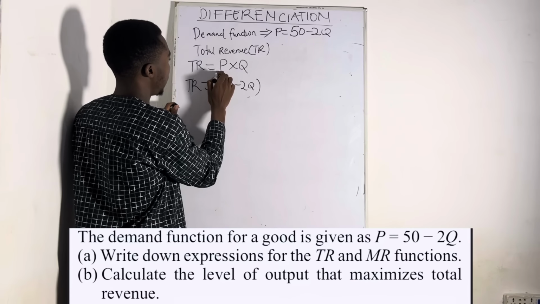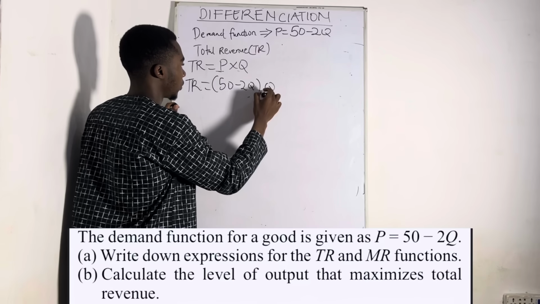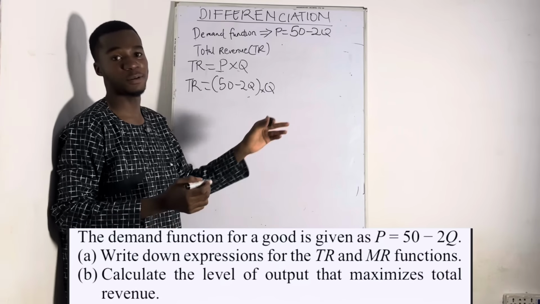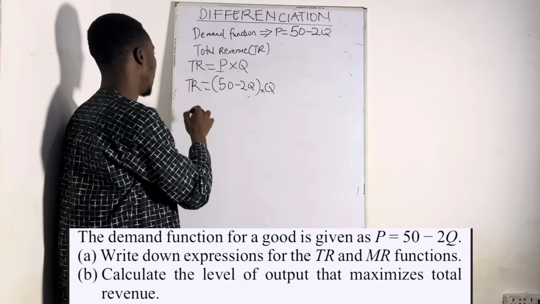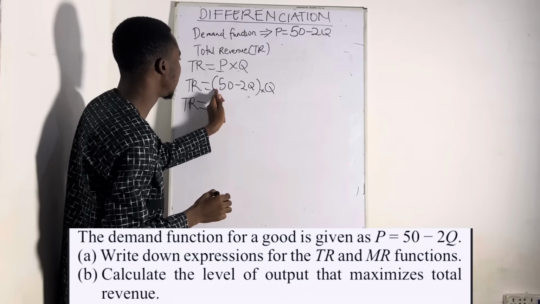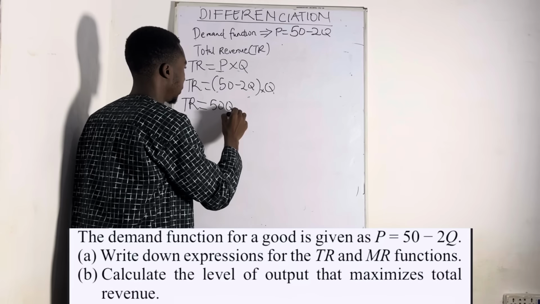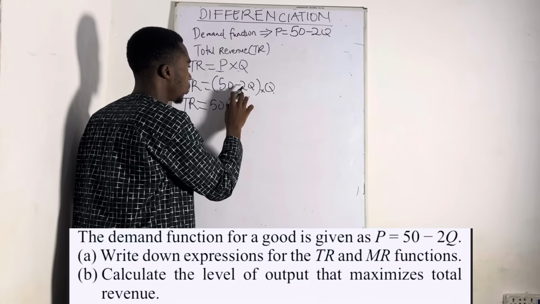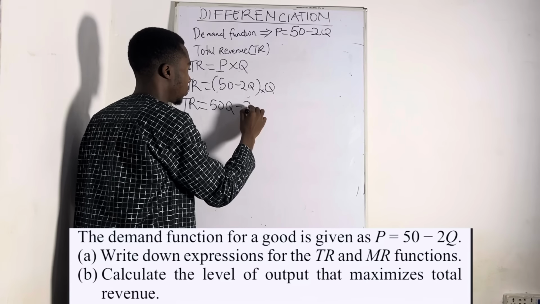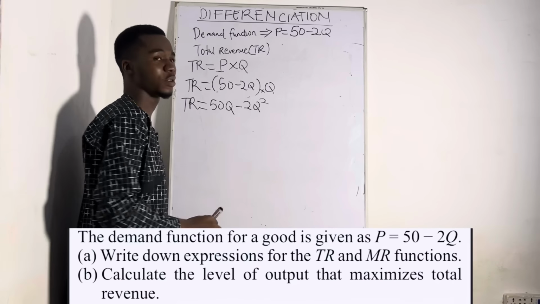Now we've taken care of the price, then times the quantity, which is our Q. So times Q. So this is how we find the total revenue. Now we can just simplify it. So 50 times Q is giving us 50Q. Then minus 2Q times Q is giving us 2Q squared. So now this is our total revenue function.